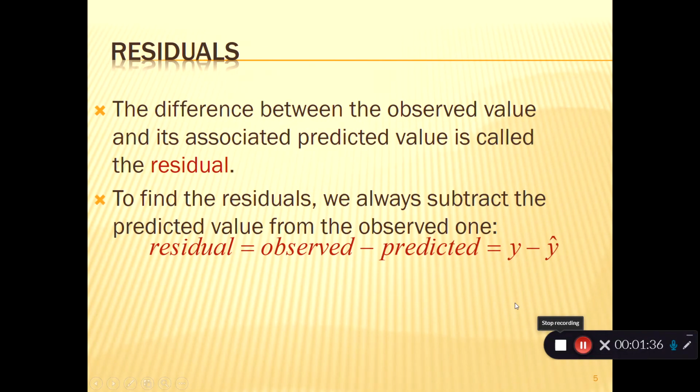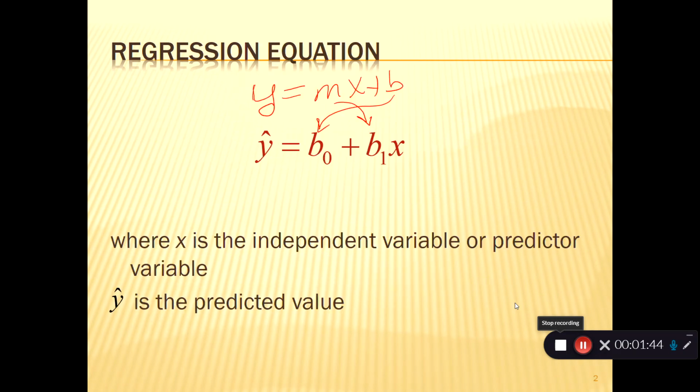Now, some guidelines for using the regression equation. You want to be careful with extrapolation. This equation is good over the set of data that we use to form it. Extrapolation is predicting values outside of that range of observed data.